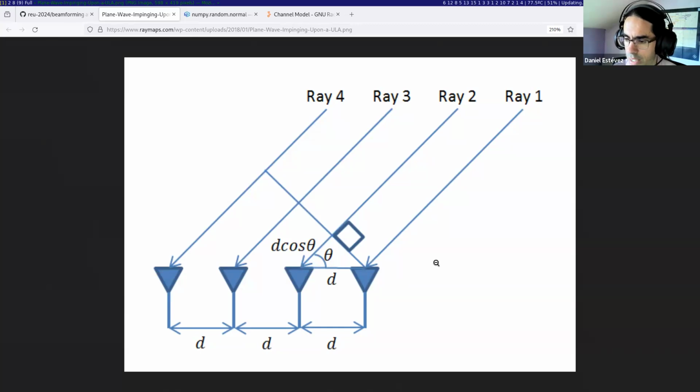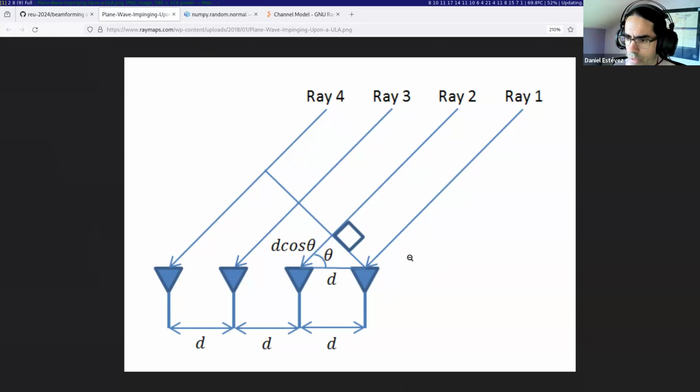We have already seen that, but it also allows us to do something quite interesting, which is beam steering. And that means that by changing the phase correction we apply to the antennas, we are able to change the place on the sky we are looking at. We are able to steer the beam we are forming.